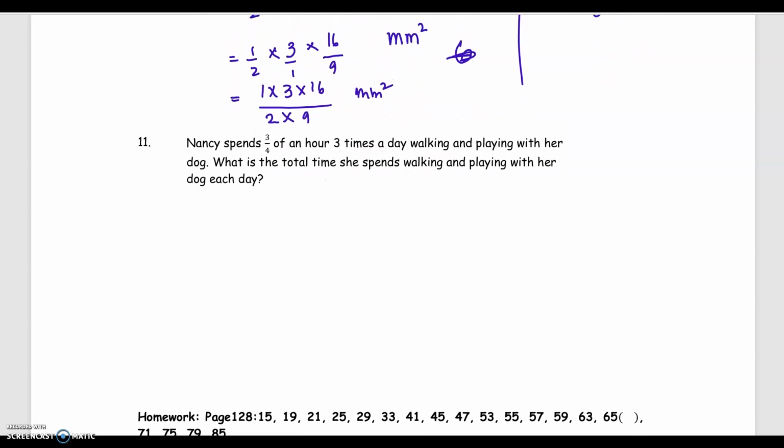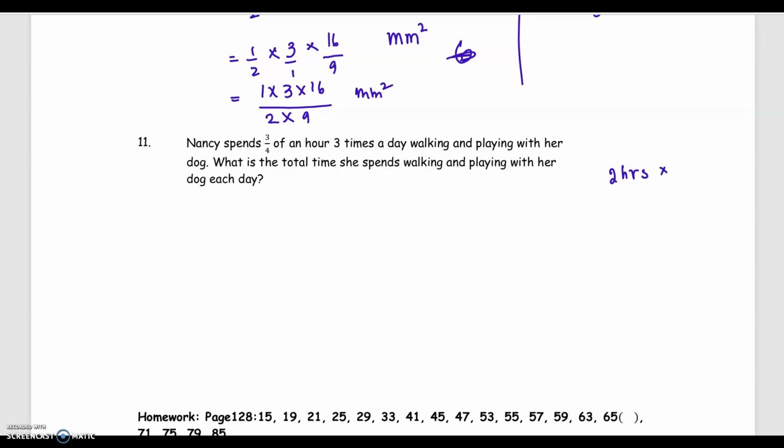So let's read this problem. Nancy spends 3/4 of an hour 3 times a day walking and playing with her dog. What is the total time she spends walking and playing with her dog each day? Now suppose she spent 2 hours a day walking her dog, 2 hours 3 times a day.